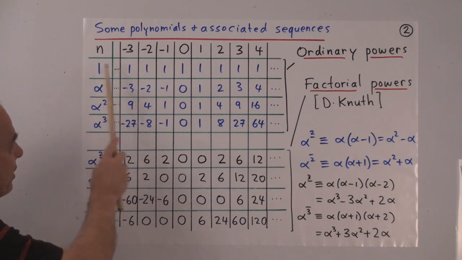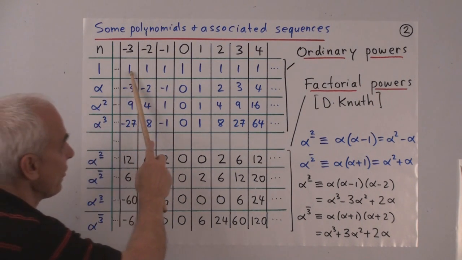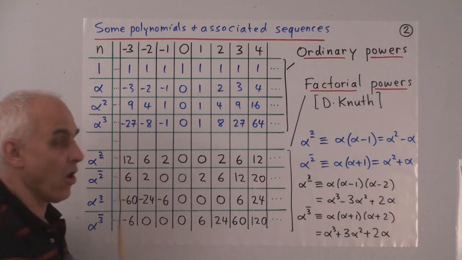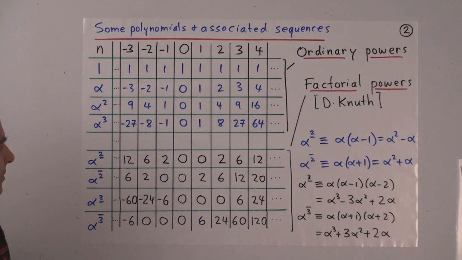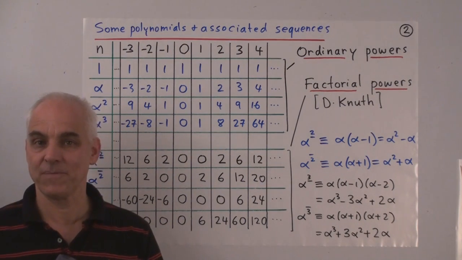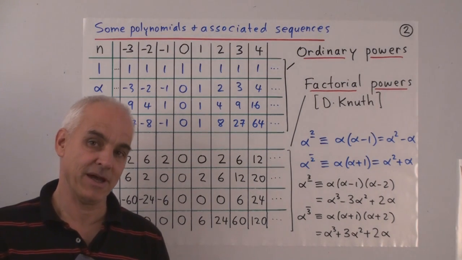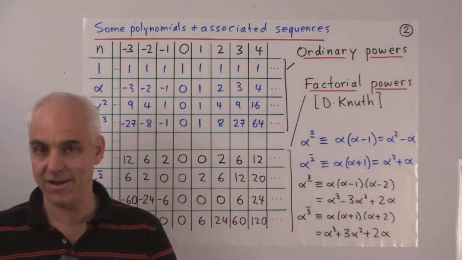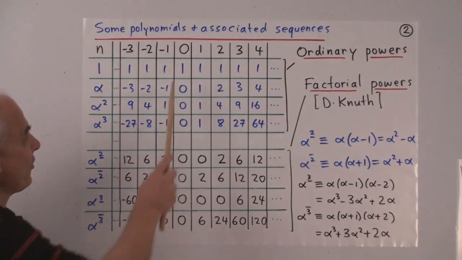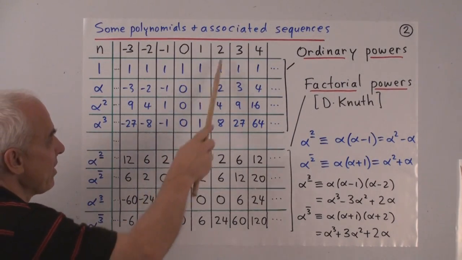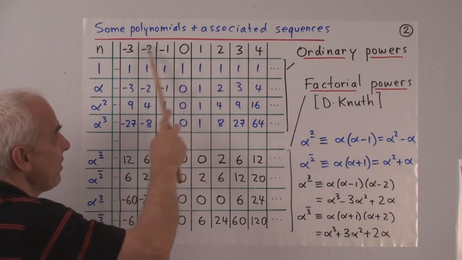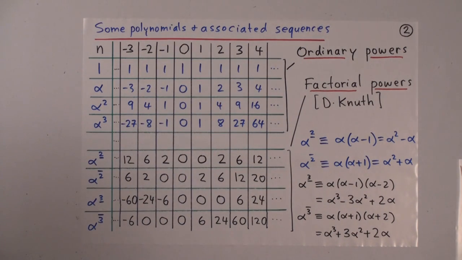So the polynomial 1 generates the simplest non-zero sequence, the sequence which is all ones. The polynomial alpha corresponds to the identity function, the function that inputs an integer n and outputs n. So its values just mimic the values of the labels n.